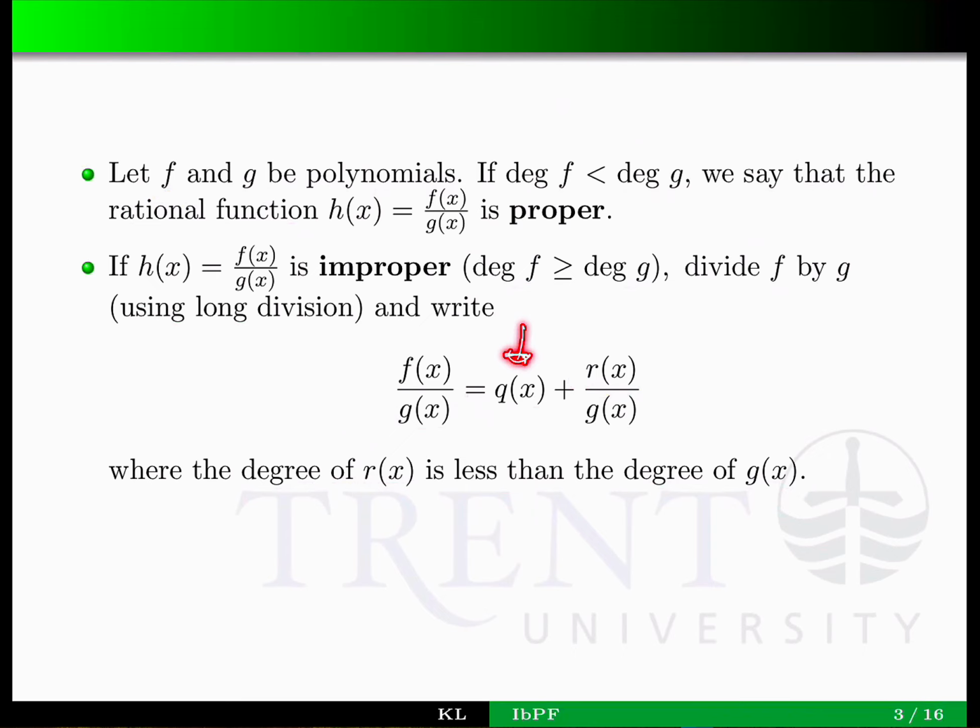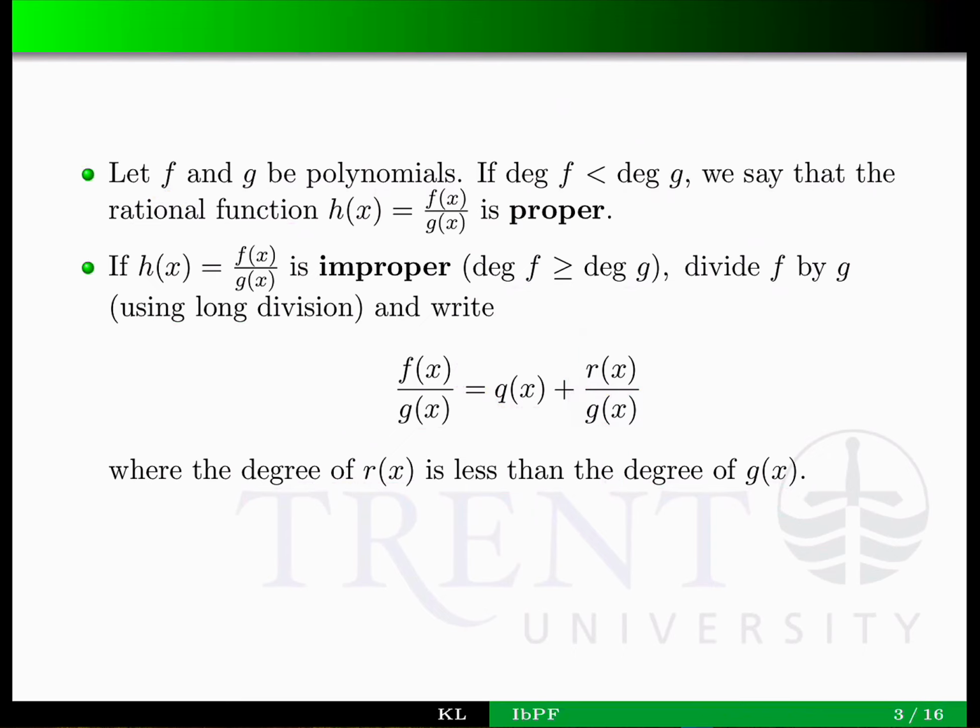Okay? So if we integrate this expression here with respect to x, then we are just integrating this sum here with respect to x. And since this is just a polynomial, we can integrate this easily. So our problem now is to integrate this part here.